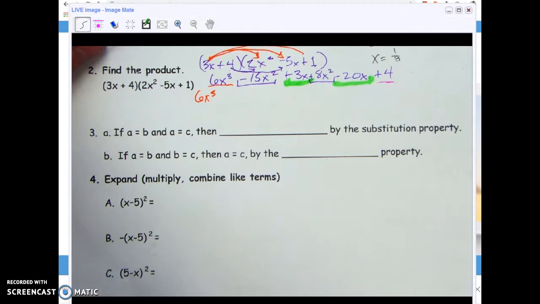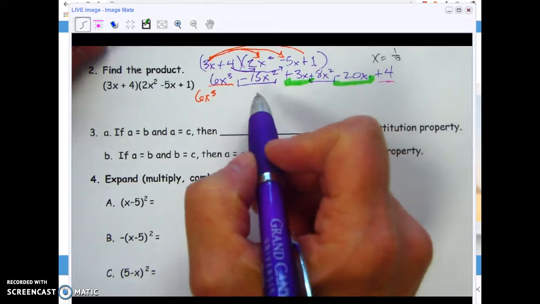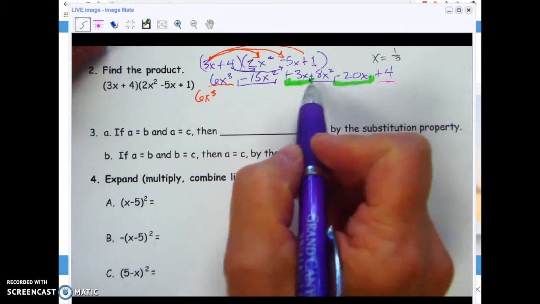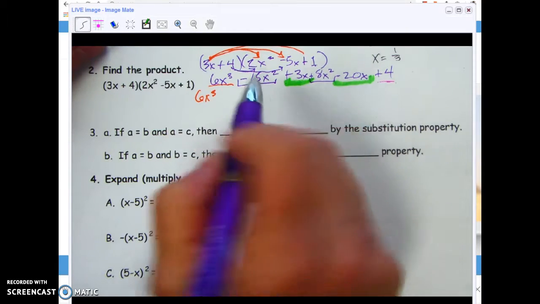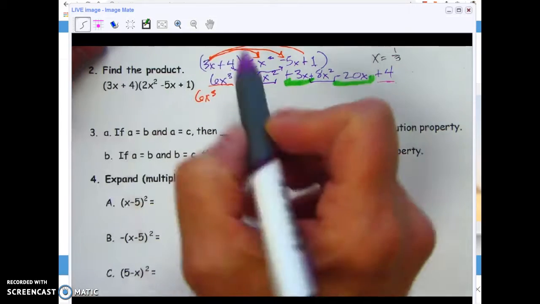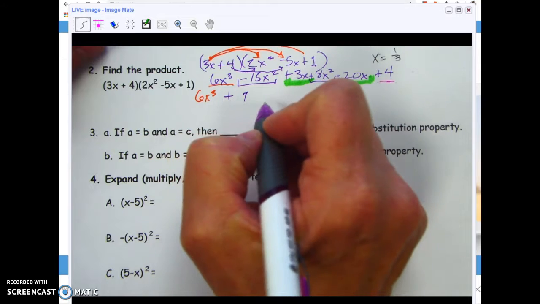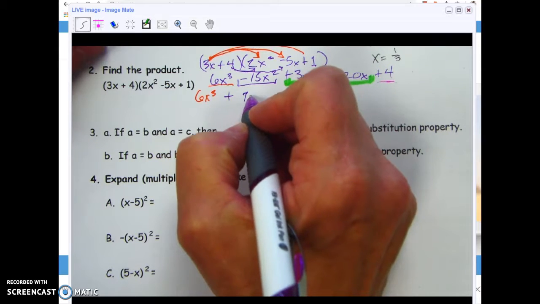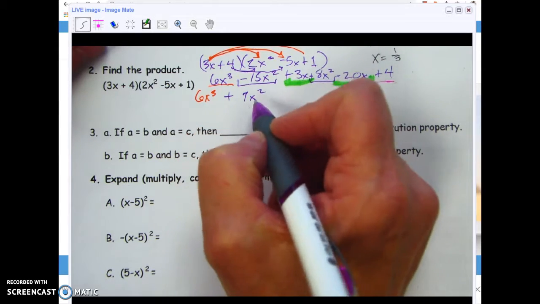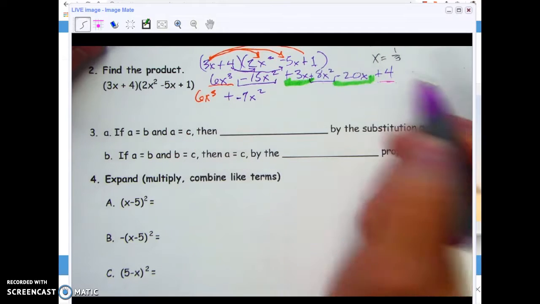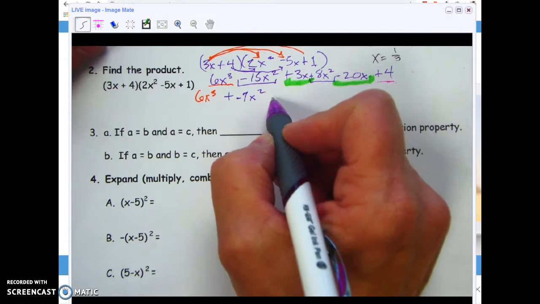Okay, so these two terms will come next. Negative 15x plus 8x is going to be plus 7x squared, and that is actually not a plus, it's a minus 7x squared.